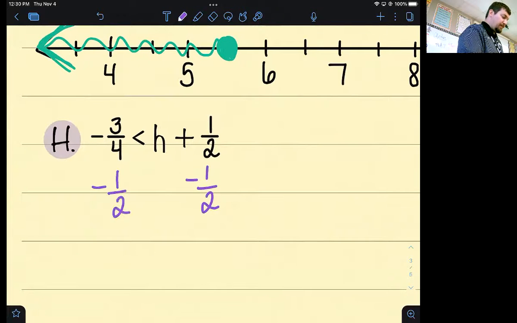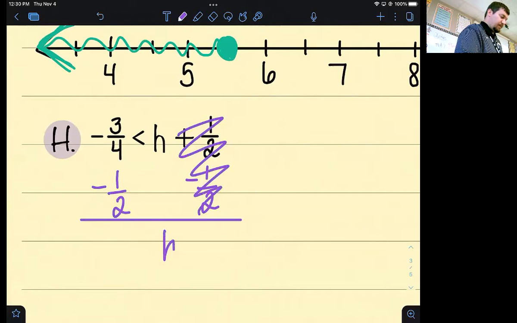When I do that, H is now by itself. The inequality symbol is copied down. And I need to go off to the side here. I need to make sure I find a common denominator when I'm working with fractions, if I'm adding and subtracting them. Gage, what is our common denominator? So I've got -3/4. And then when I times this fraction by what, Gage? 2.